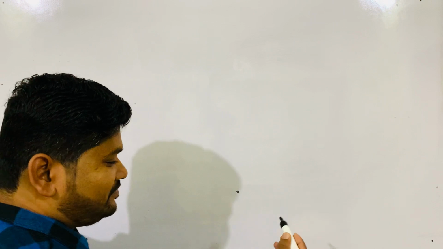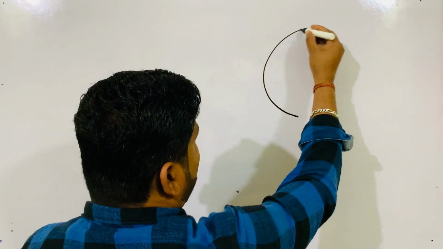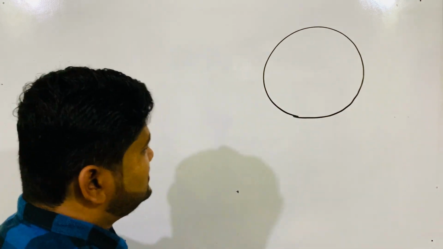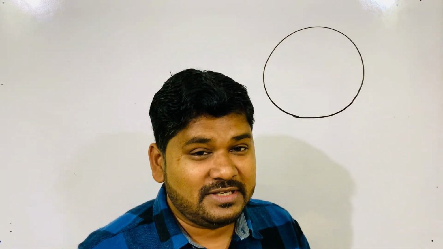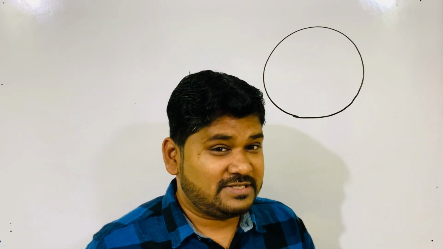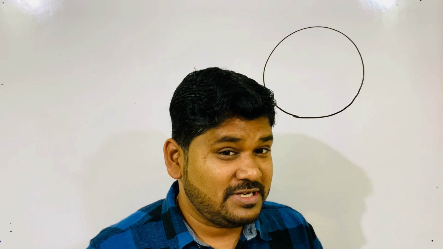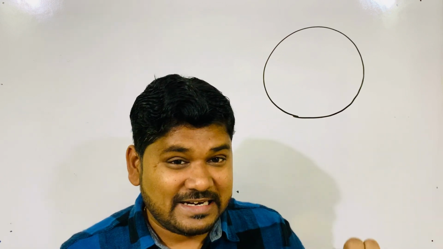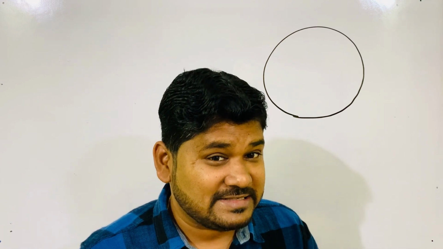Now see, suppose this is a circular path. I think this is a perfect circle. A body is now moving in uniform circular motion. Just recall, what is uniform circular motion? Velocity cannot be constant in circular motion because direction changes.